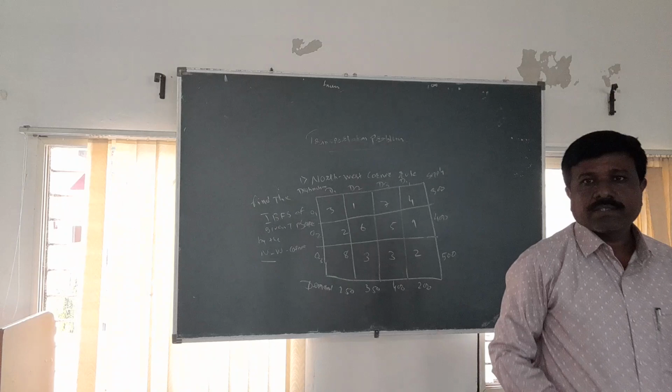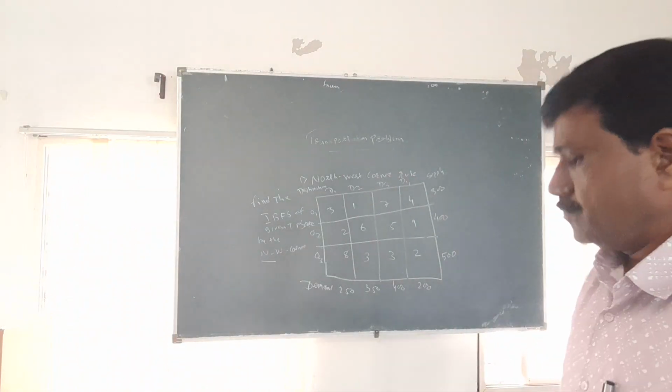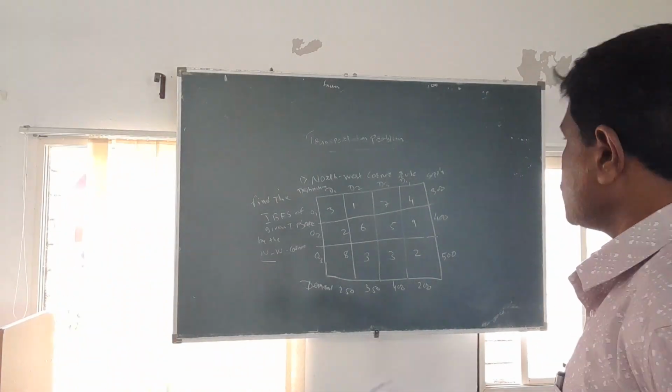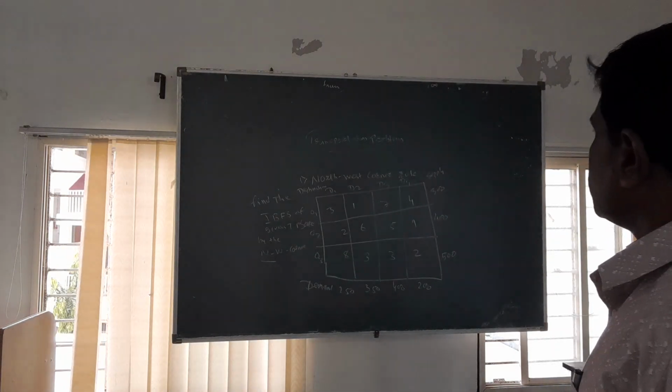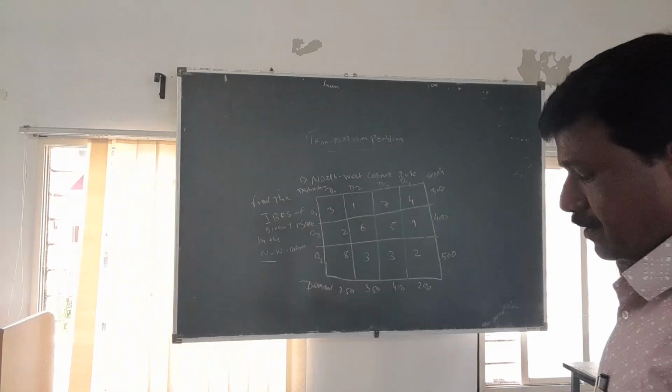In this given problem, there are three sources O1, O2 and O3 and four destinations D1, D2, D3 and D4.